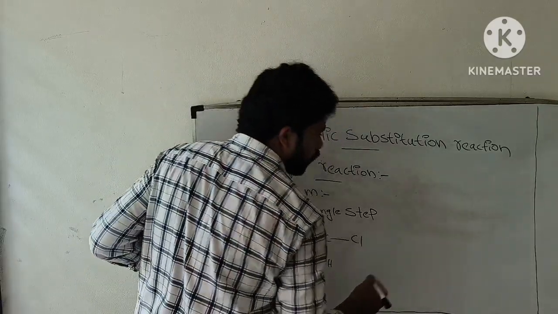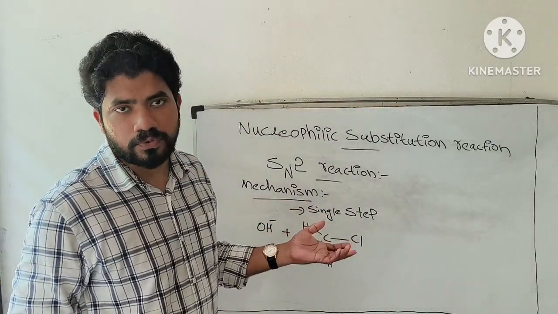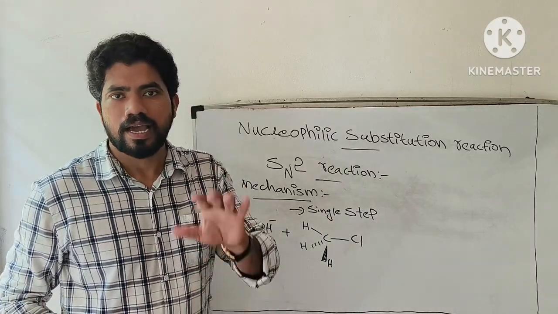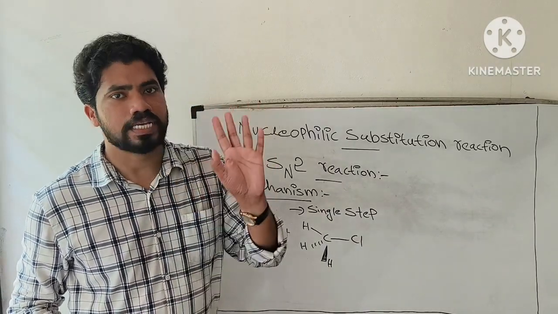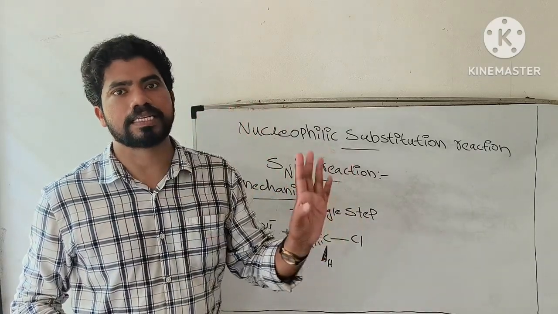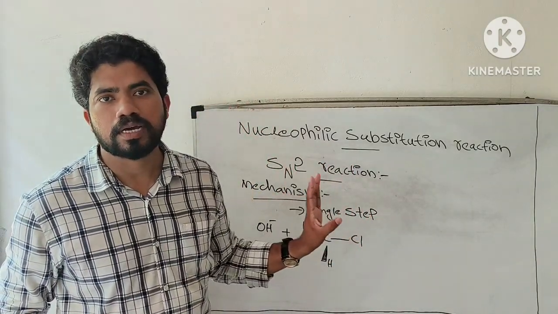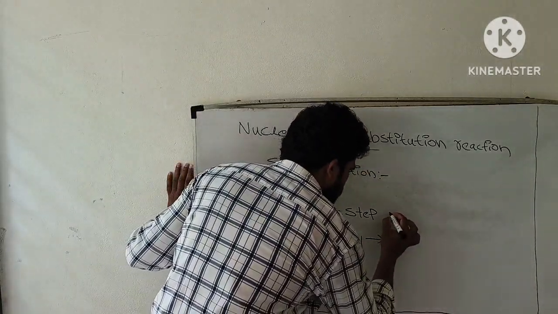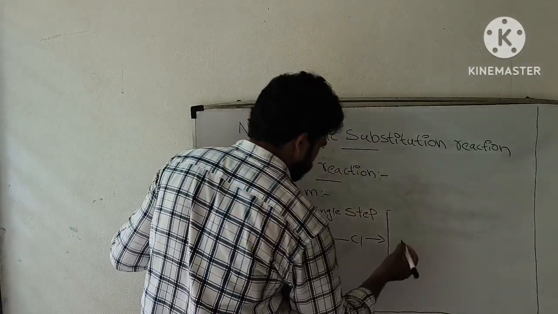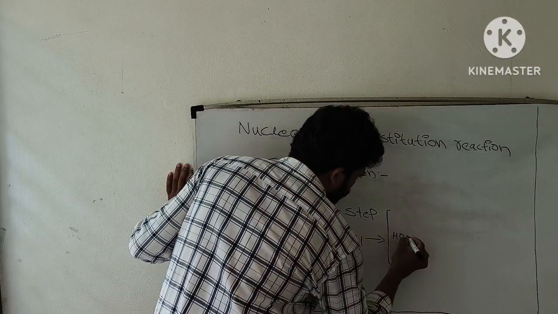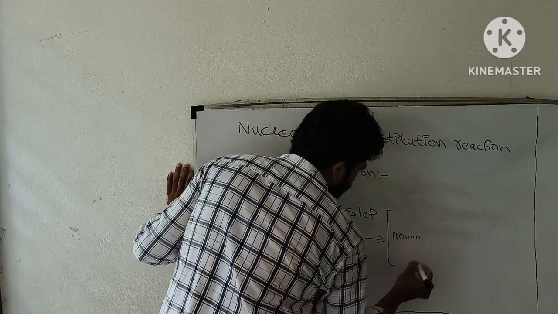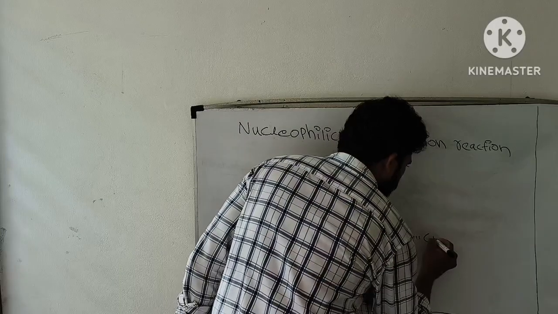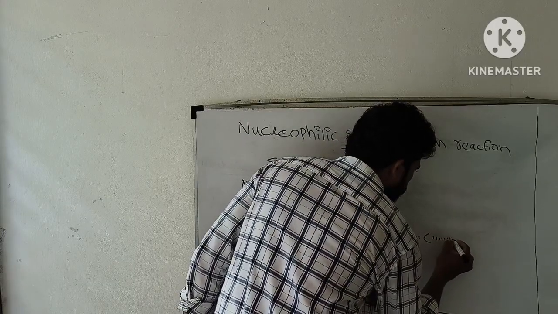Before the product formation, there is a transition state, and that transition state is unstable and it cannot be isolated. We cannot extract that particular transition state. This is the transition state. Now the nucleophile has started bond formation with the carbon, and the leaving group is ready to leave.